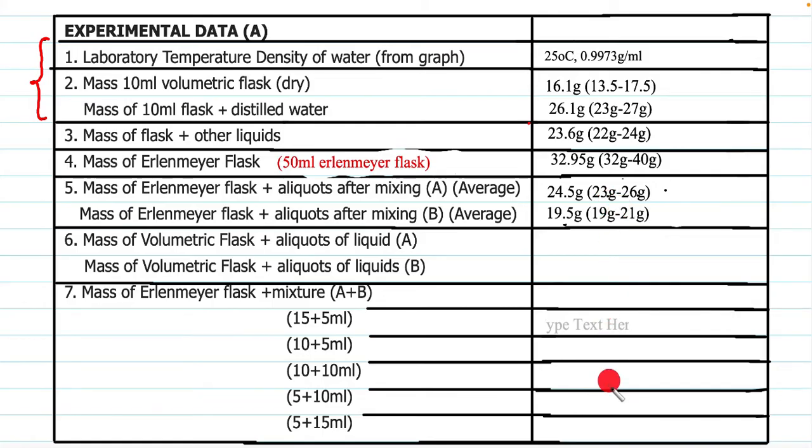You're not going to record the mass of the flask, you're just going to record the mass of the contents. 15A and 15B is just the mass of the contents. Whatever you have with the mass of this plus the Erlenmeyer flask, you subtract the flask, so what we're going to have is just the contents. All right, without wasting so much time, I'll just give us the values and the range of values that you're supposed to go with.